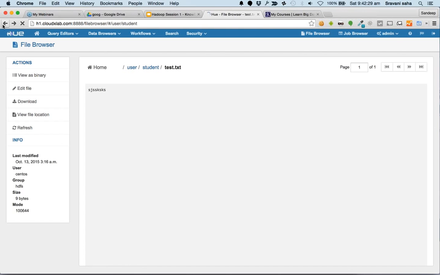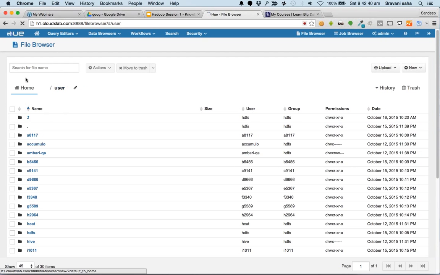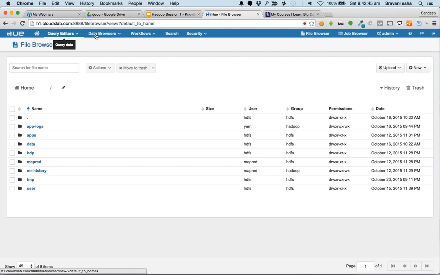You can see the content of the file from here. The component using which we are interacting with HDFS is called Hue. The earlier one was Ambari. This Hue helps us interact with HDFS. If you want to see what's going on with your MapReduce, you can go to the workflows and then see how you can execute the queries.